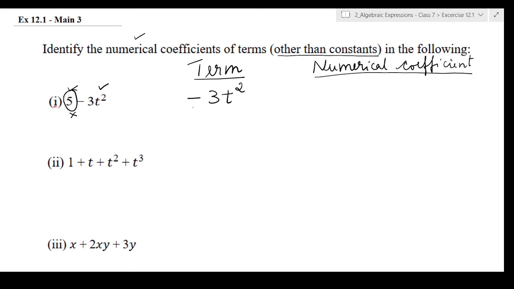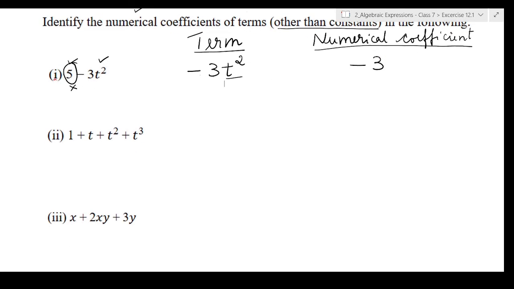So what is the numerical coefficient of this? In minus 3t to the power 2, t to the power 2 is the algebraic part and minus 3 is the numerical coefficient. Numerical coefficient is nothing but which number is attached. What is attached to t square? Minus 3. Okay. Now moving ahead to the second problem.